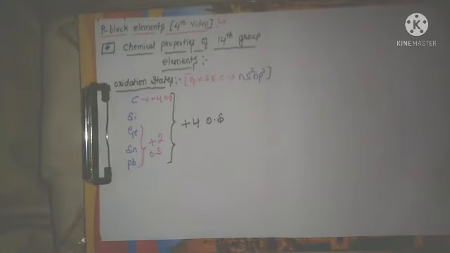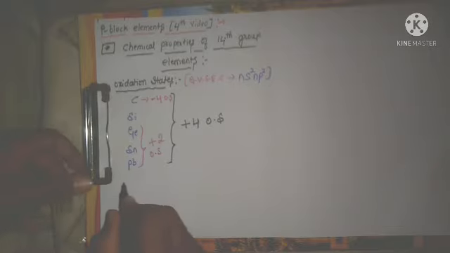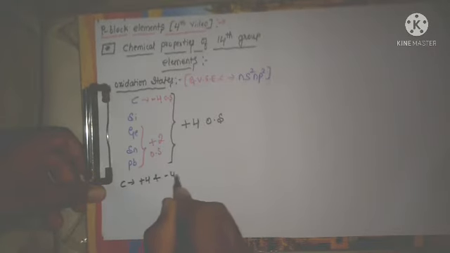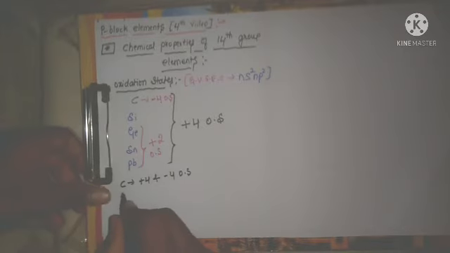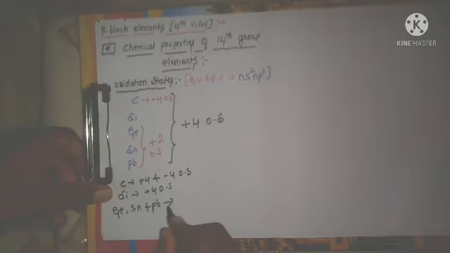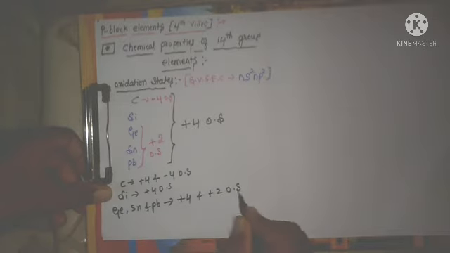So carbon shows both +4 and -4, silicon shows only +4, whereas germanium, tin, and lead show both +4 and +2 oxidation states.